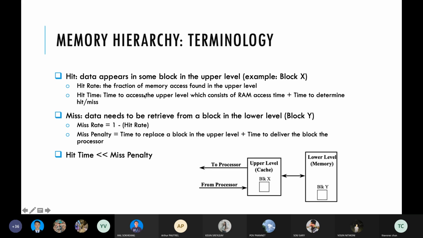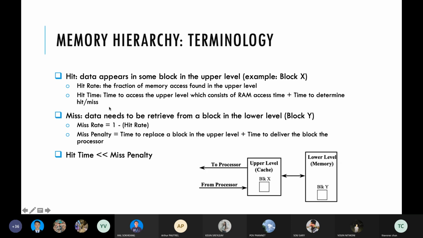Okay. And then we have the hit time and the miss penalty. Hit time here refers to the time to access the upper level, which consists of RAM access time plus the time to determine hit or miss. So when you talk about hit time, it is the total amount of time to locate the data inside the upper level, which here refers to cache, and then transfer the data between CPU and cache.